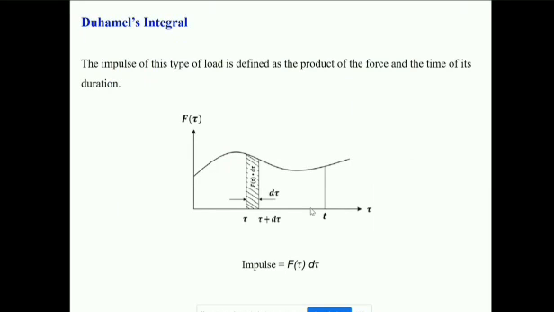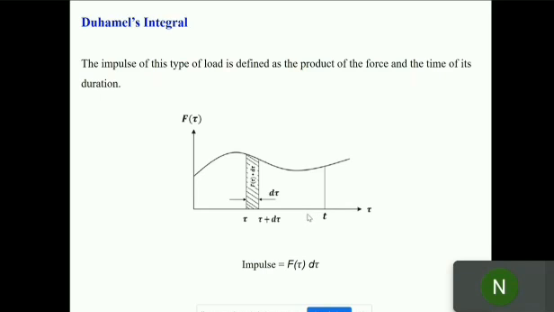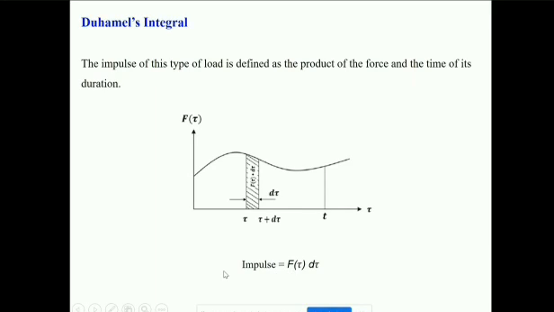We would like to see how we may use the concept of impulse for getting the response of a system when it is subjected to any general type of force.